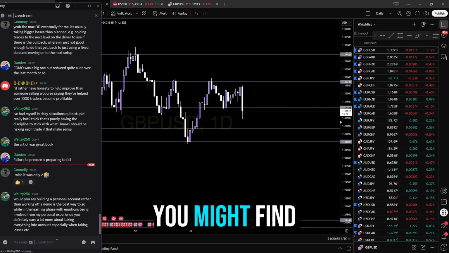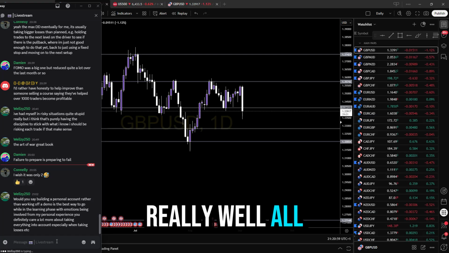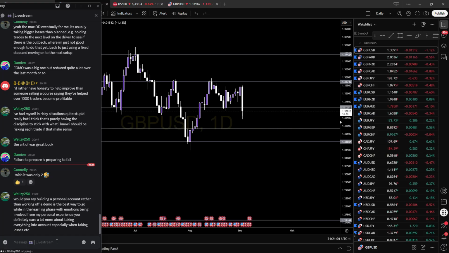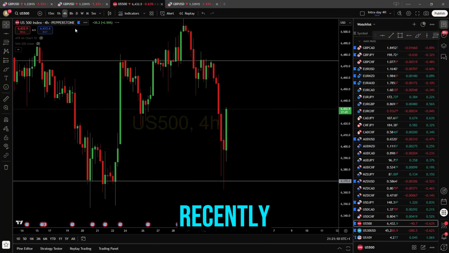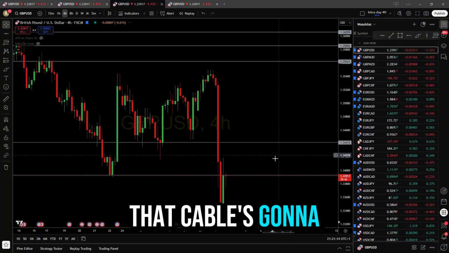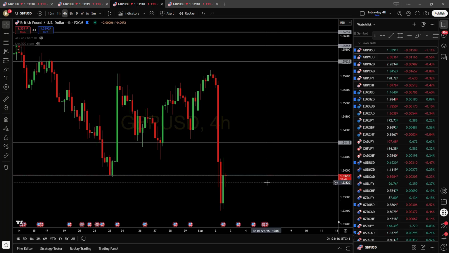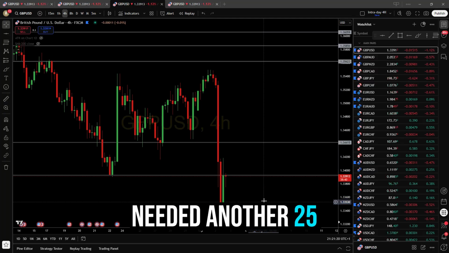You might find that one single bit of that strategy works for you really well all the time. Just trade that. Like the 4 hour close retest for me has been playing a blinder recently. I highly doubt that cable's going to get down there. It needed another 25 pips.